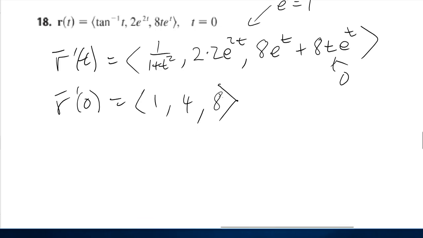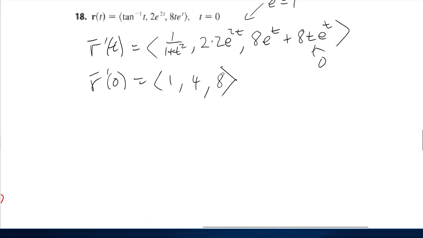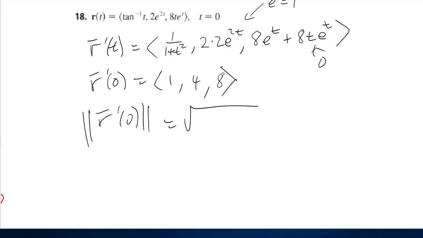And so the unit tangent vector at 0 is going to be, oh, now we need to find the length of this. And so that's the square root of 1 plus 16 plus 64, which is square root of, goodness, does that equal 81? I think it does.